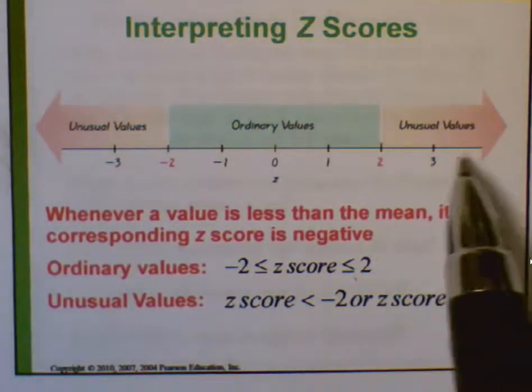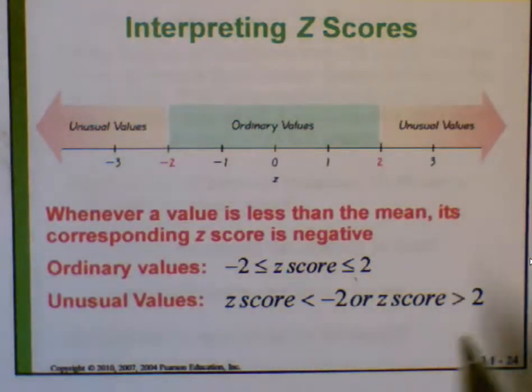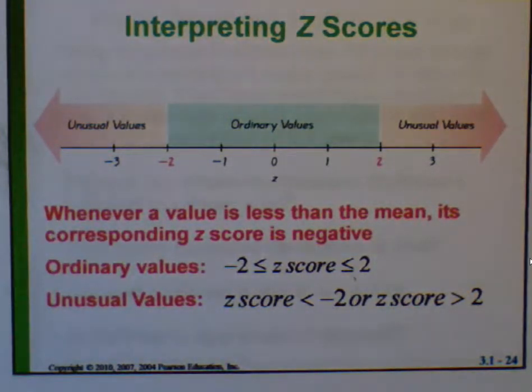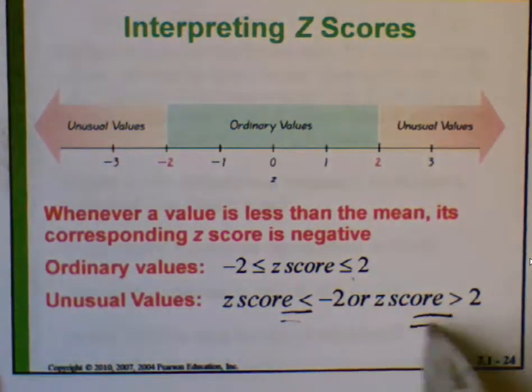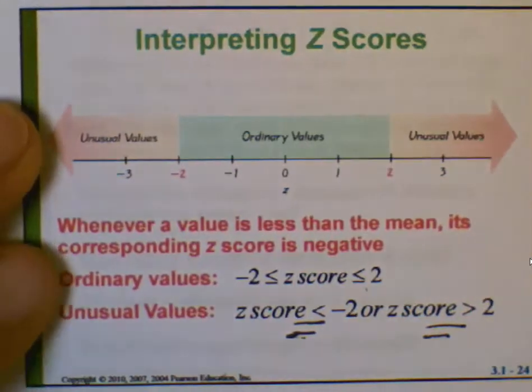And more than 2 standard deviations above the mean is unusual. So we have a second definition of unusual. You could say outside 2 standard deviations of the mean is unusual, or you could say z-scores less than -2 or z-scores greater than +2 indicate unusual values.